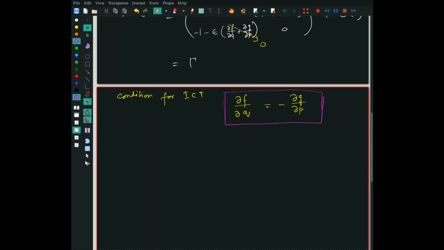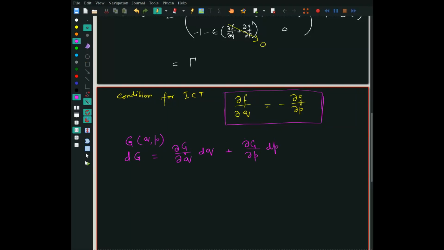So suppose my capital G is a function of q and p, then you can write dG equals, how do you write it? Del G del q dq plus del G del p dp.